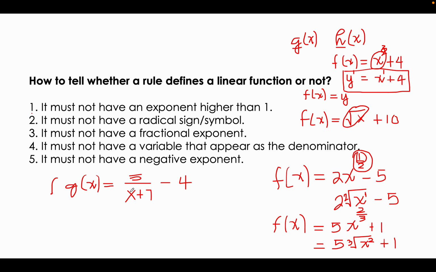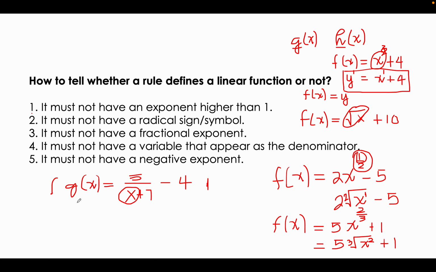So observe that the variable x here appeared in the denominator. Okay? If this is the case where the variable appears as the denominator, automatically it is not a linear function. So what do we call this type of relation or rule?